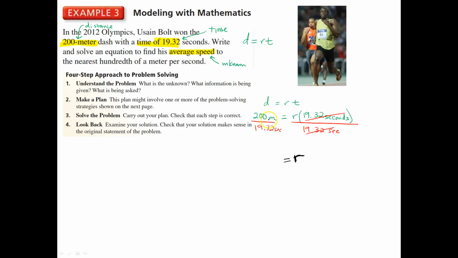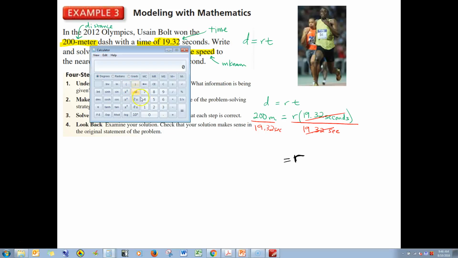Then on this side, I need to do 200 divided by 19.32. So 200 divided by 19.32 is 10 point, lots and lots of numbers.